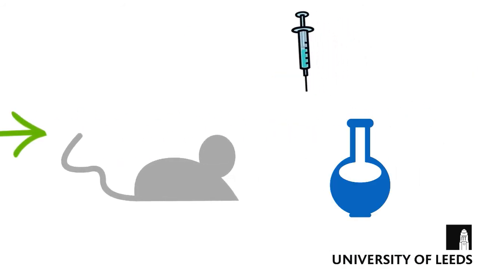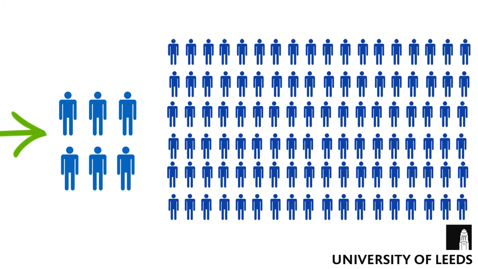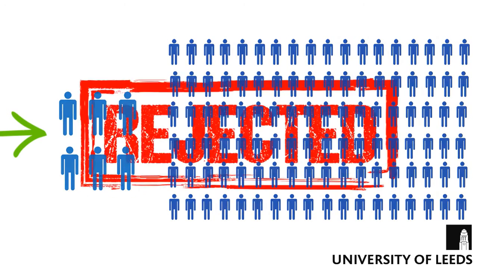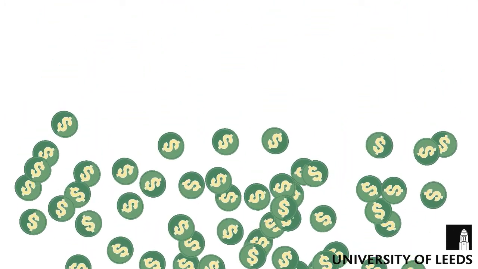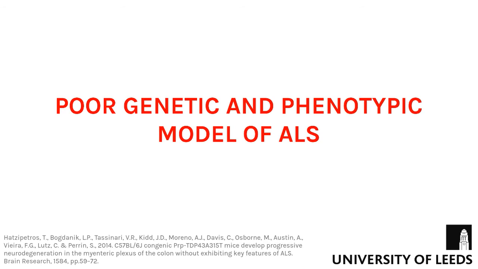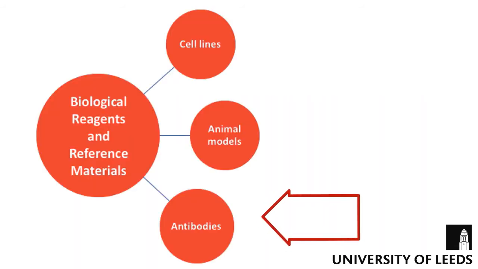The model was used in preclinical drug development studies which progressed to advanced stages of clinical trials. These ultimately failed, resulting in loss of hundreds of millions of dollars. It was later discovered that this was a poor genetic and phenotypic model of ALS, thus demonstrating the need to fully validate animal models.